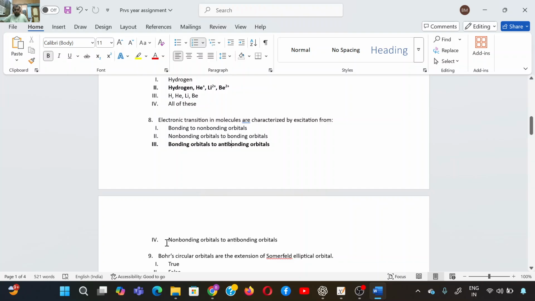So I think both 3 and 4 are correct over here. I think I covered this in the previous class, and I don't have the notes right now. The other two don't make sense, okay. Bonding to non-bonding and non-bonding to bonding don't make sense at all.